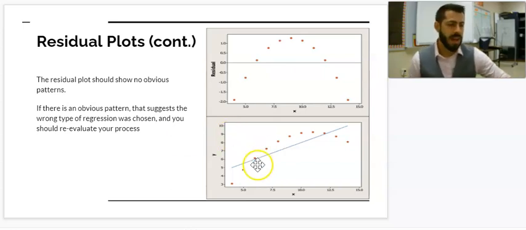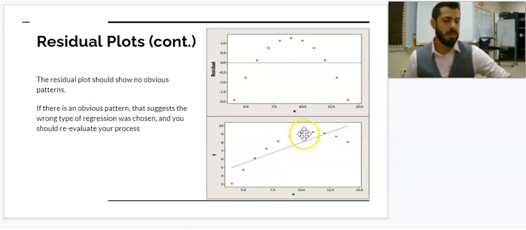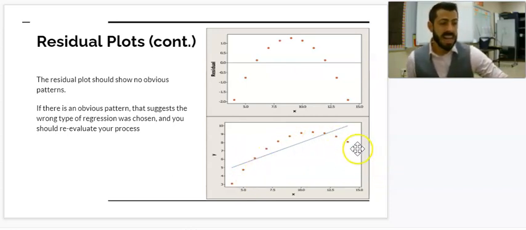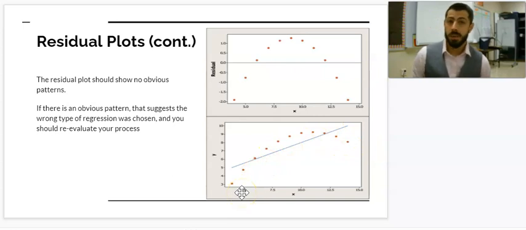So for example, if I had a residual plot that showed dots starting out below, then going above, and then going back down below my line, this is not a linear scatter plot.